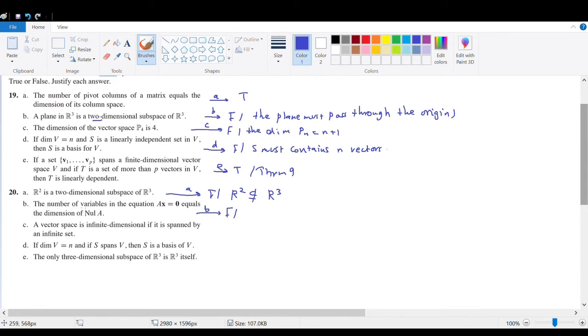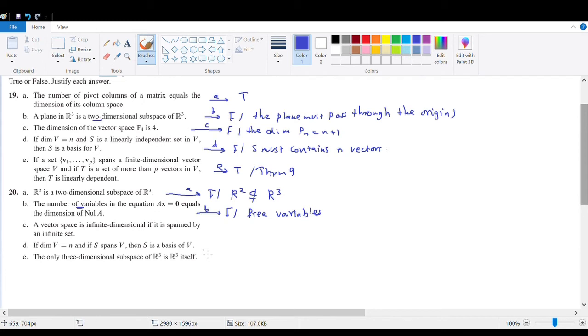It should say the number of free variables, not the number of variables. So we need to add free variables here.